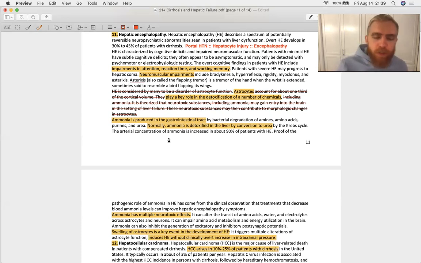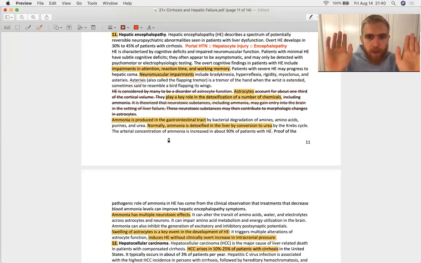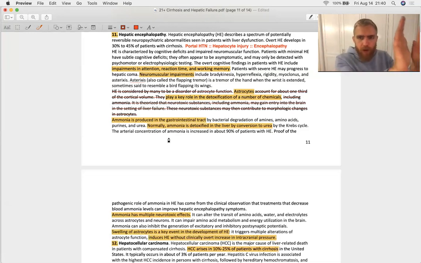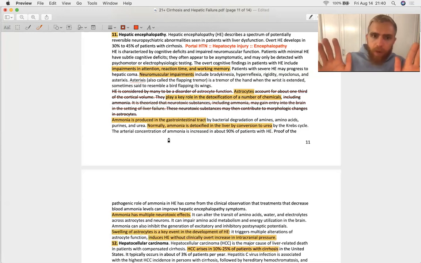So asterixis means that you have so much ammonia that your muscles in your hands go limp. And so asterixis is actually a test finding. It's not really a passive finding. It's more so a test finding because you're going to tell patients, raise up your palms, right? And they're going to be holding their arms out straight and raising their palms. And then what's going to happen is because they have so much ammonia going into their brain, they're going to be unable to hold that muscular contraction.